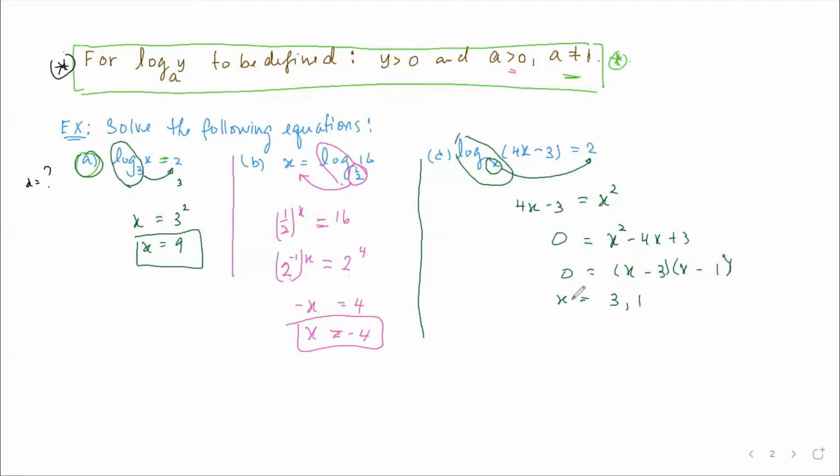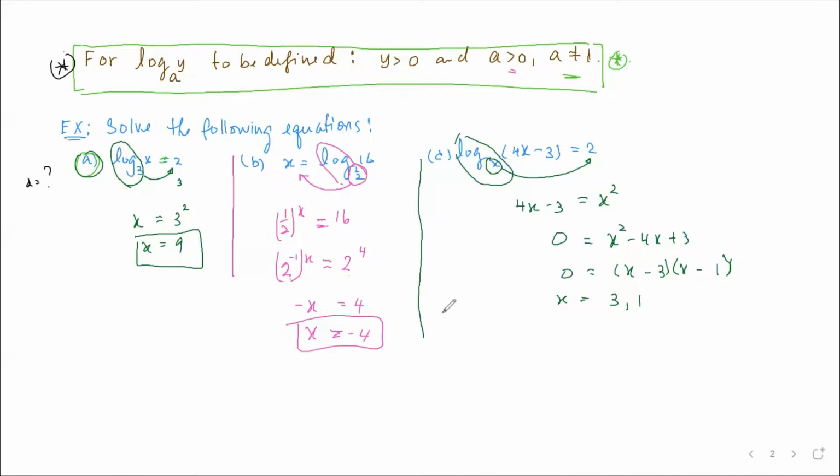But most of the time with logarithms, you have to check the values in the equation. You have to check whether both work, like x equals 3 and 1. Sometimes only one value works, sometimes both work.